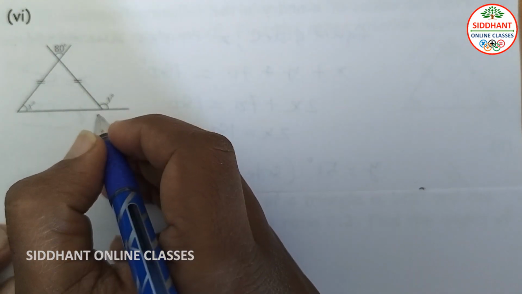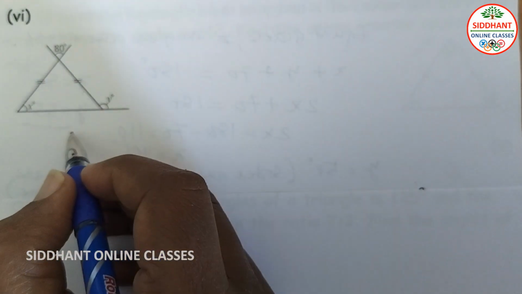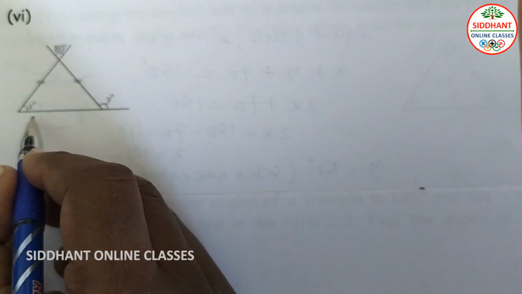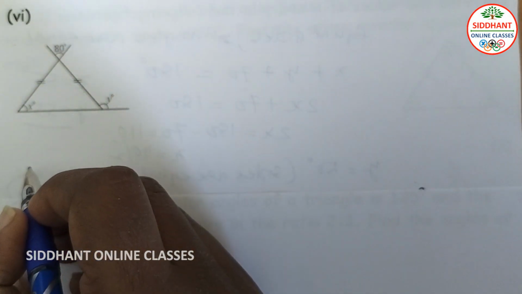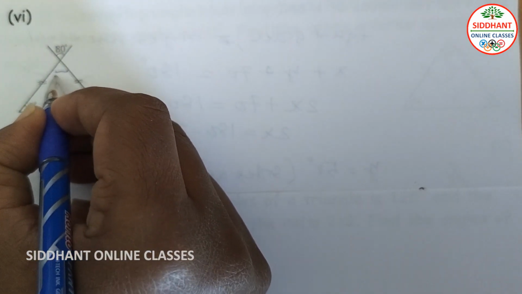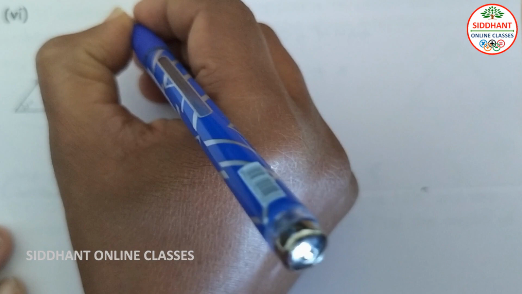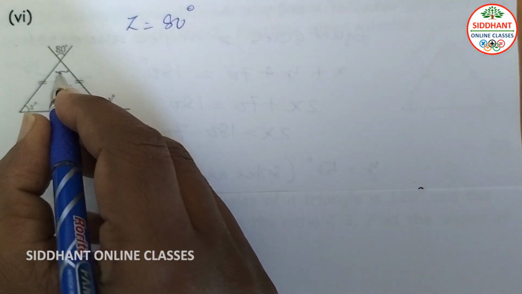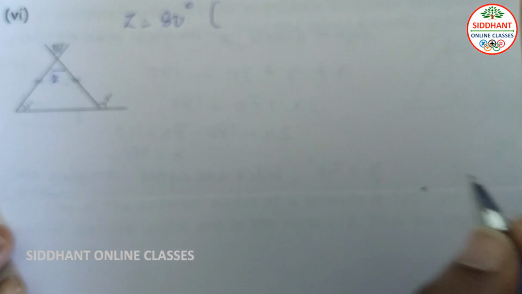Sixth figure. A triangle is given, this is 80 degrees and the sides are equal here. x and y value you are going to find out. So this is 80 means this is also 80. Suppose it is z. So z is also 80 degrees because vertically opposite angles are equal.